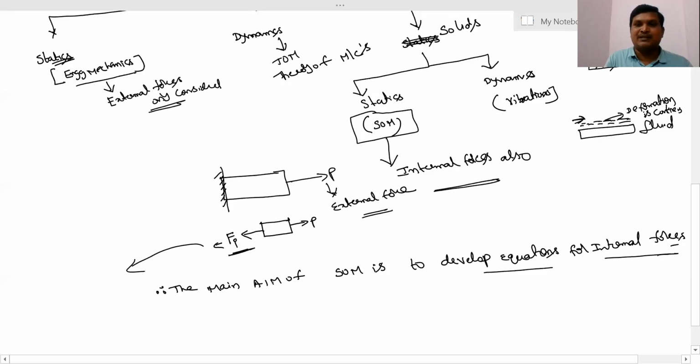After that, we design any solid member or mechanical machine components with the help of mechanical properties. After completing this introduction, we should learn the mechanical properties of any material.